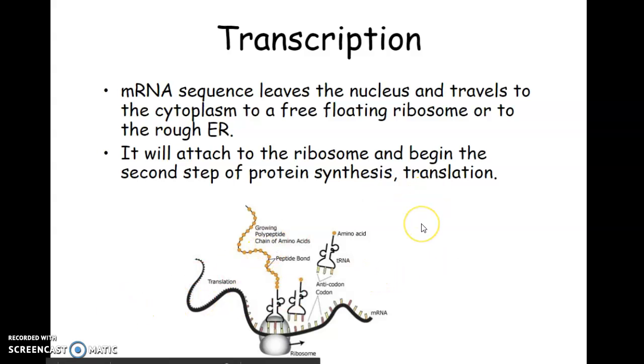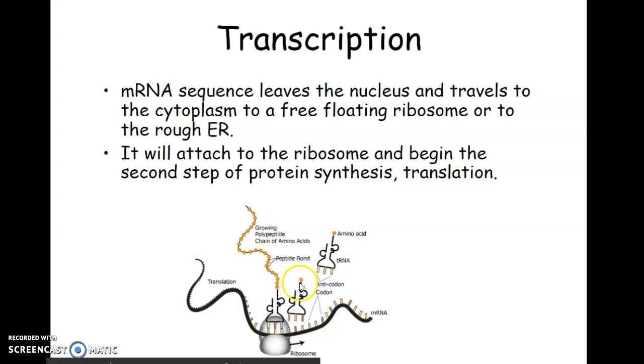tRNA is what I call a tow truck, because it picks up those amino acids and brings them back into the ribosome. So it's like a tow truck. It has what's called an anticodon, which is complementary to the codons on the mRNA. So that tRNA that's got a specific amino acid attached to it, it's going to come in, and if it matches up complementary to that mRNA strand, then it's going to attach.